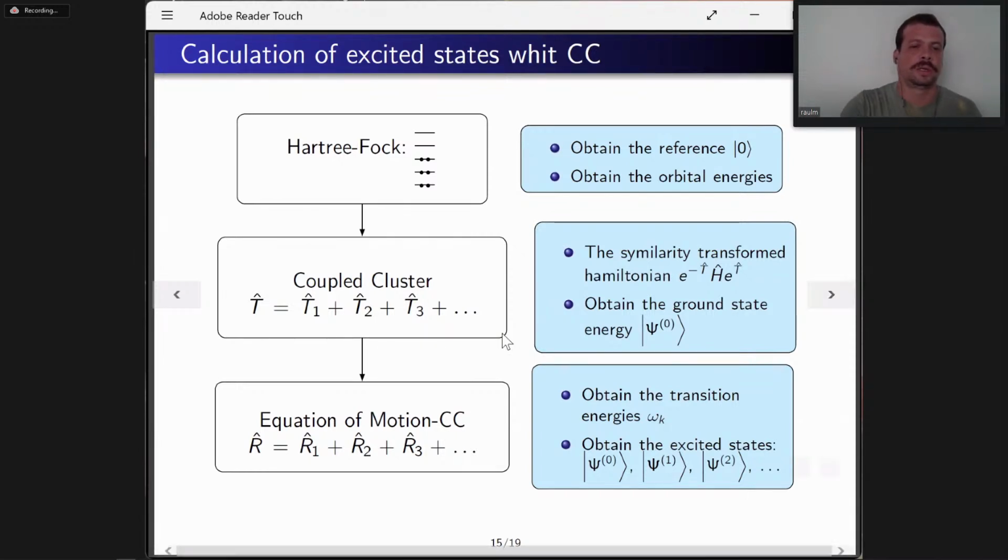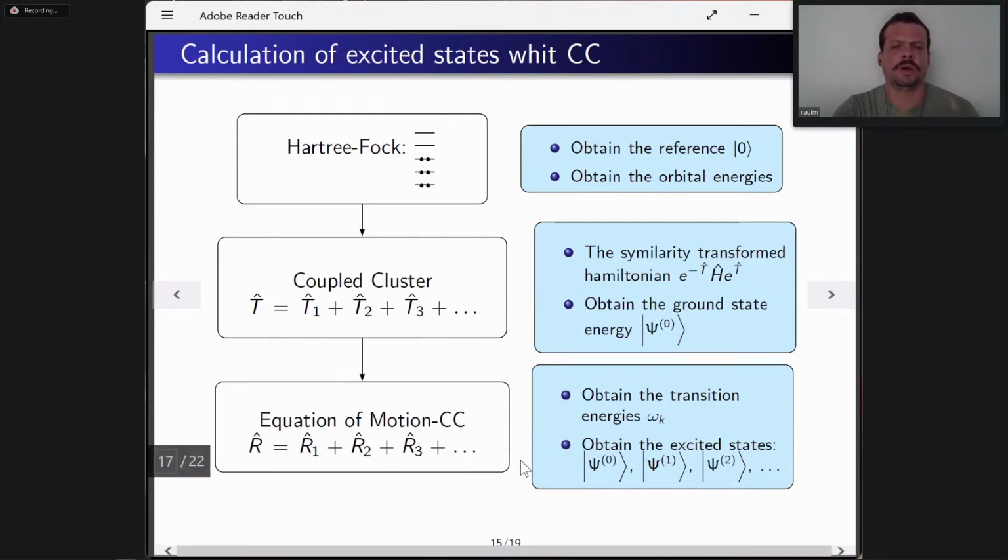In coupled cluster, we select these excitations, we truncate this T to obtain the similarity transformed Hamiltonian, the ground state energy, and also the ground state wave function. And then we do the equation of motion coupled cluster, where we define R to obtain the transition energies and also the excited state energies.